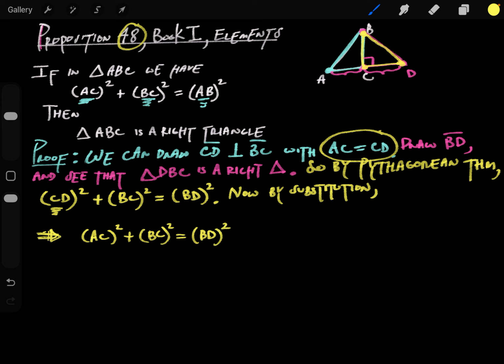And what we can see now is that, by what's given to us in this situation, AC squared plus BC squared is equal to AB squared. So I'm just going to write that and compare these two. AC squared plus BC squared is equal to AB squared.